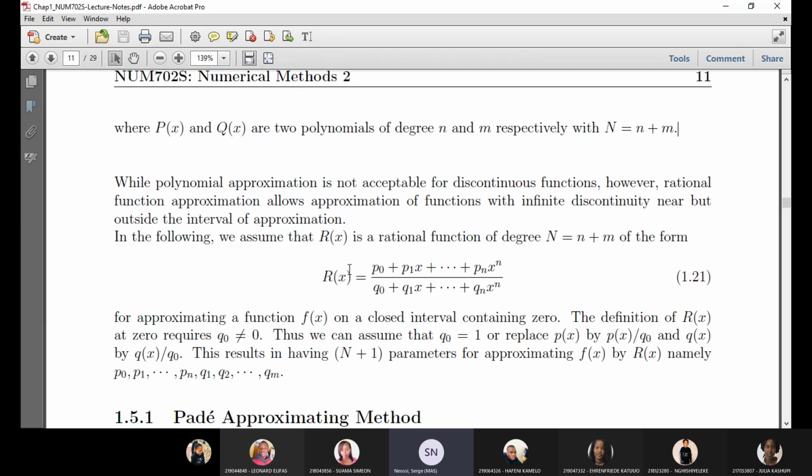When we know the degree of the numerator and that of the denominator, please note that this is m. You can correct it on your slide. We say p and q are two polynomials of degree n and m respectively. So p is n and q is m. So this one is m in the denominator.